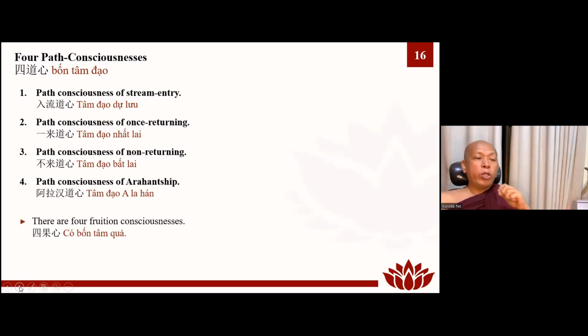Similarly, we also have 4 fruition consciousnesses, altogether 8. These 8 are called Lokuttara, meaning supramundane consciousnesses, not for ordinary people.